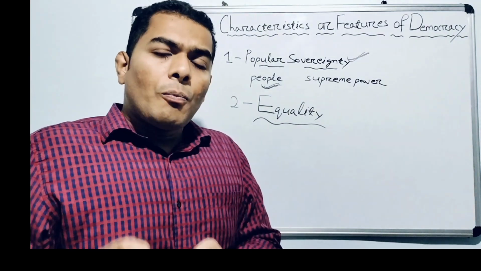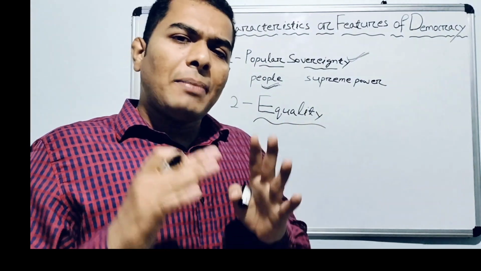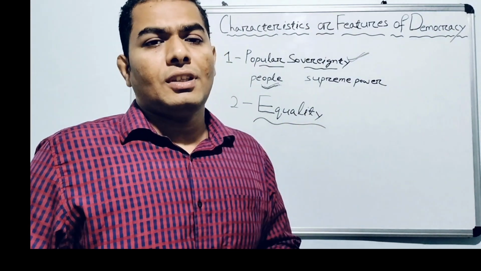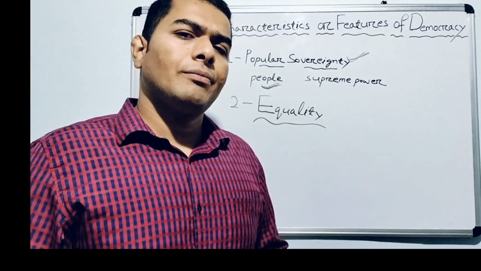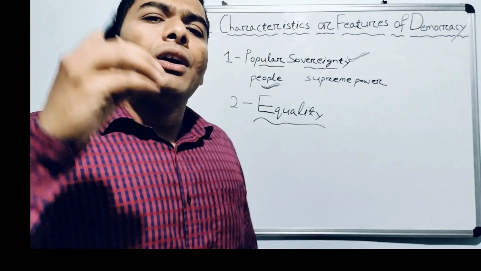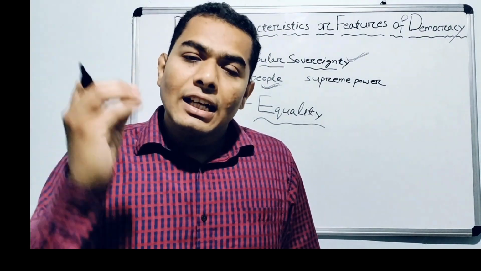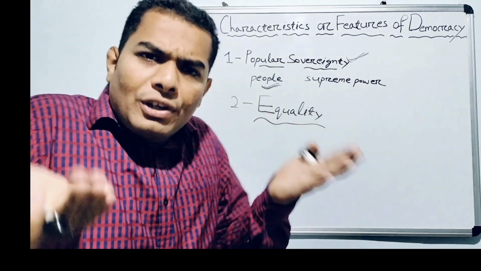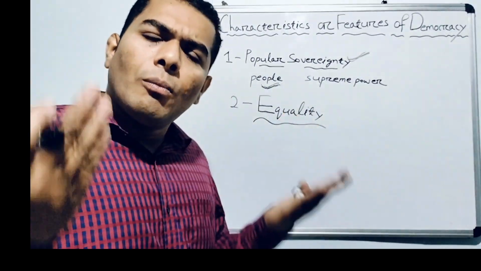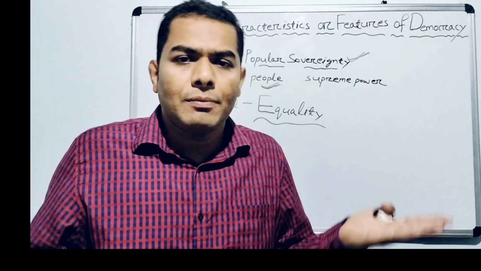In the policy making process also, all the people actively participate. All the people have an equal right to go to the election booth and cast their vote. So this is the political equality by which all the people involve themselves in the political process.